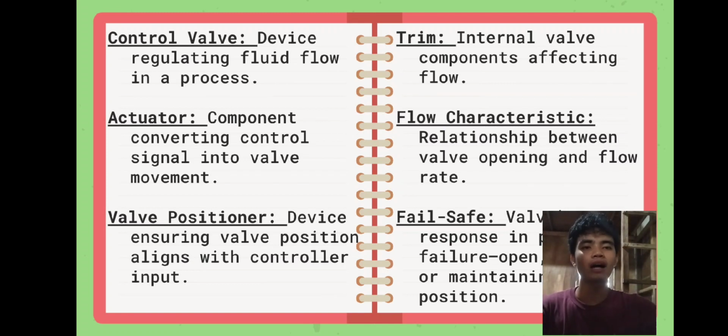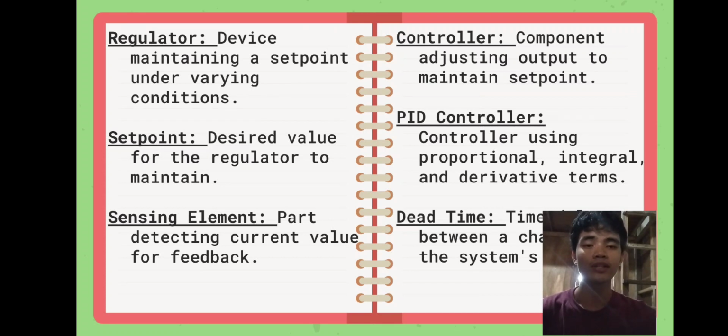steadfast and proactive shield. So next is the regulator. The stalwart architect of stability, it governs the equilibrium within industrial systems, whether managing pressure, temperature, or flows. This steadfast component acts as a vigilant guardian, ensuring that the desired parameters are maintained amidst variable conditions, guided by precision and adaptability.